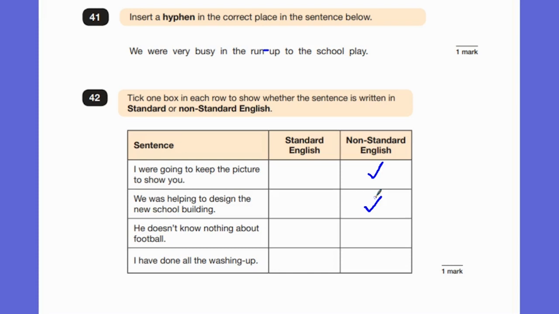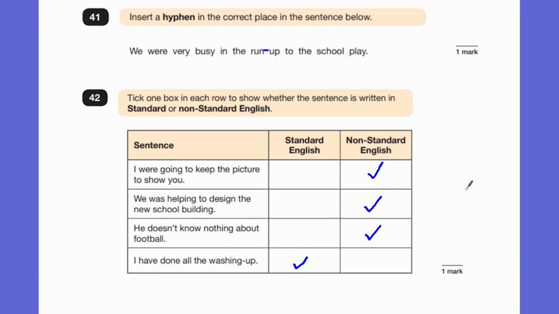Third one, he doesn't know nothing about football. Well, there we have 2 negatives. And again, it doesn't make sense. If you did want to say this sentence, you would say, he doesn't know anything about football. And the fourth one there, I have done all the washing up, is standard English.